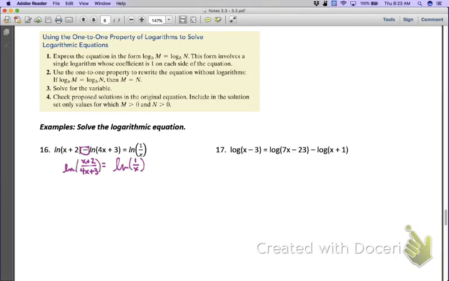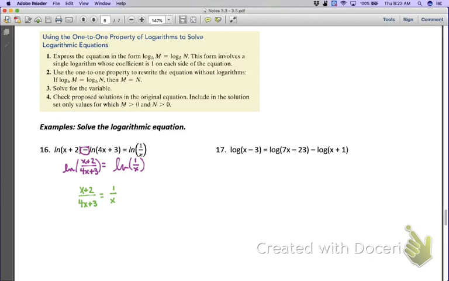Since they're both log base e or the natural log, same thing, all I'm going to do is drop off the logarithm, and I'm going to have x plus 2 over 4x plus 3 equal to 1 over x. Now, if I have two fractions that are equal to each other, what am I going to do?